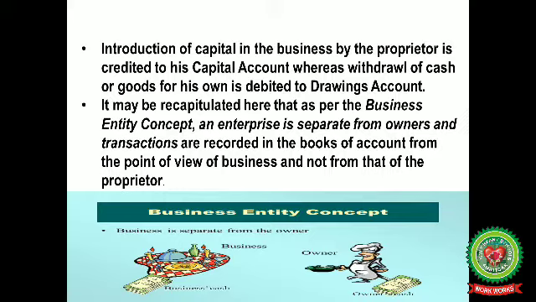If a businessman, being the owner, the proprietor of the business, brings cash in the business, that is known as capital, and it will increase the capital account because cash is brought in the business. When the amount or goods are withdrawn, taken out of the business, it means there is a reduction in cash or goods.